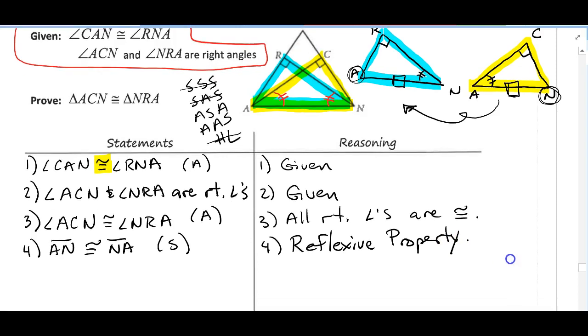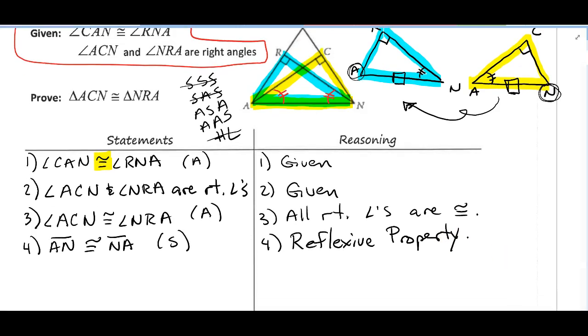Alright, and now I have a congruent statement in number 1, a congruent statement in number 3, and a congruent statement in number 4. And I can look at my picture and see that the side that I have, this bottom side on each triangle, is not in between the two angles.